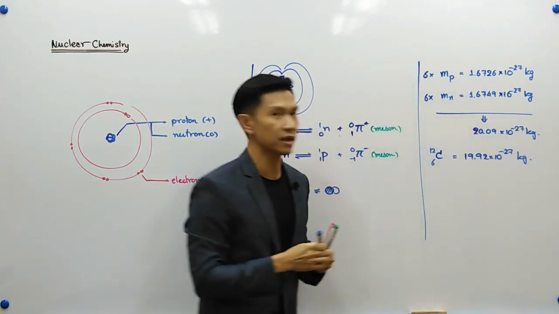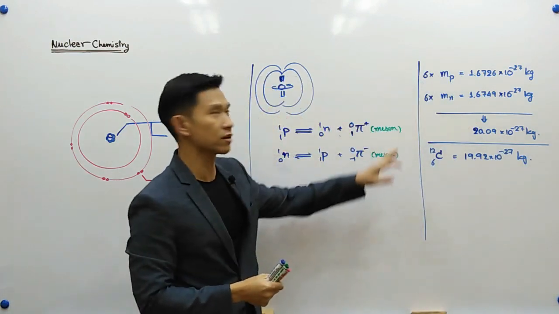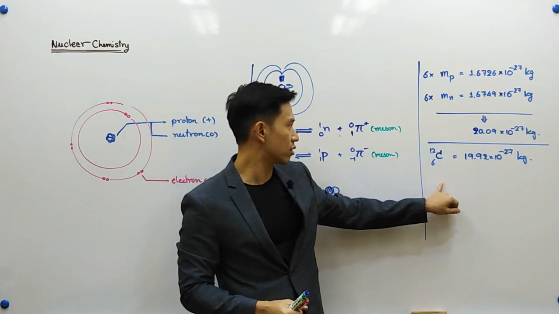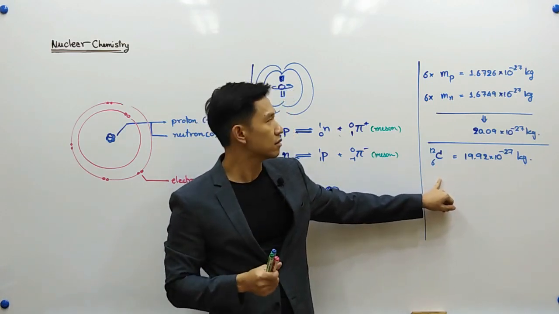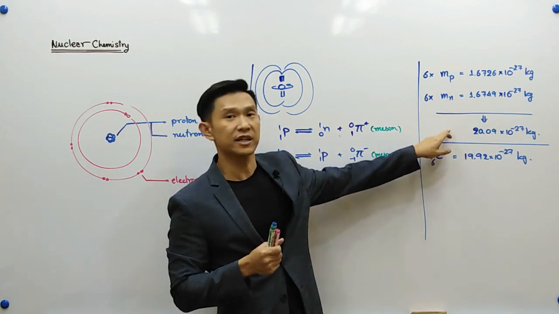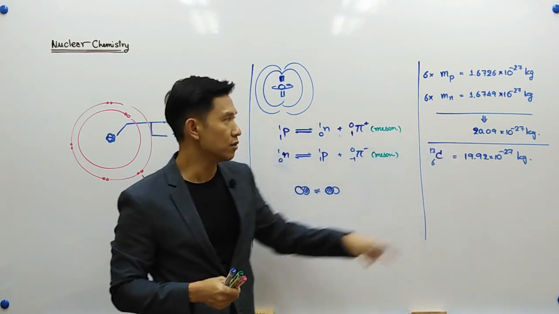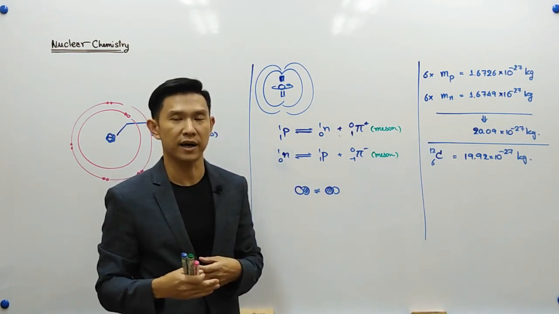What you can see here is that the mass of protons and neutrons incorporated into constructing carbon-12 is not equal to the mass of carbon-12 itself. And more importantly, the starting material is heavier than the final product. So that means you have some mass loss.